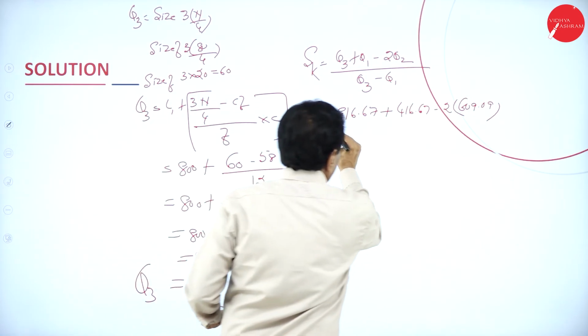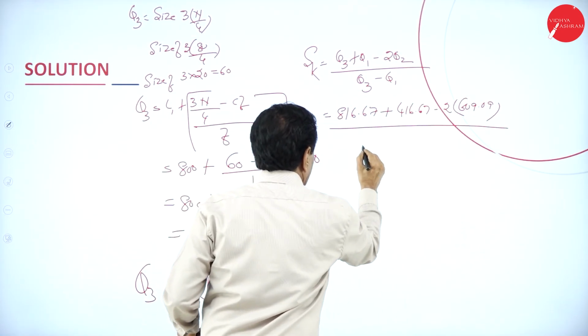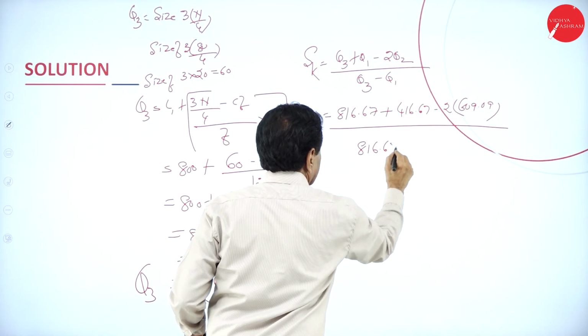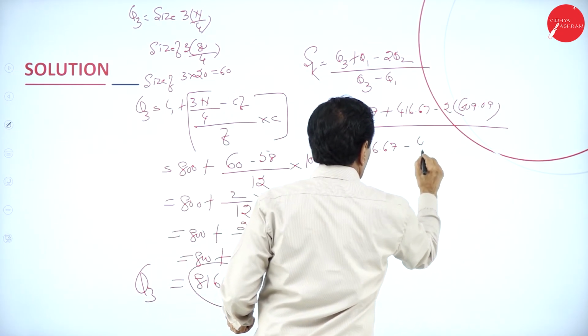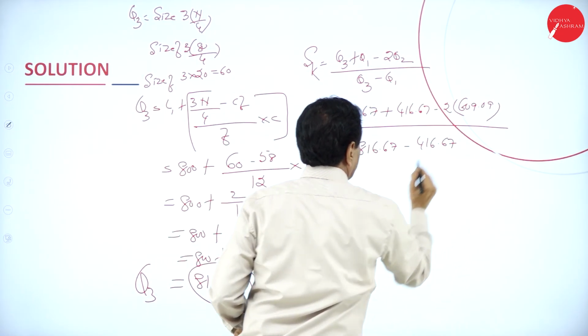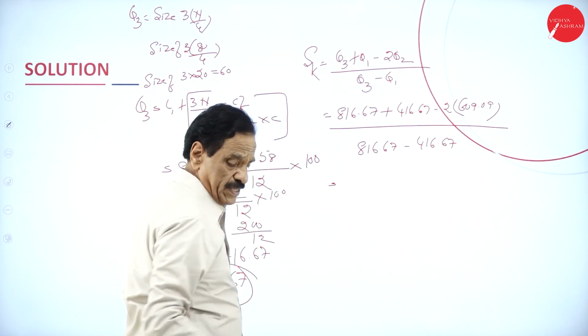609.09 divided by Q3 minus Q1, which is 816.67 minus 416.67. Simplify this.